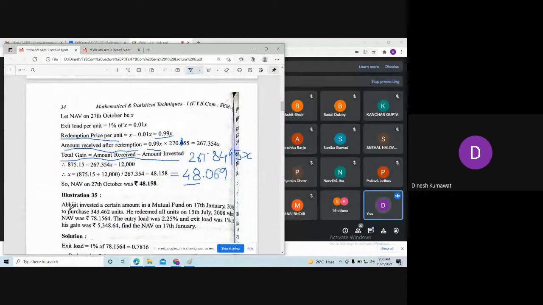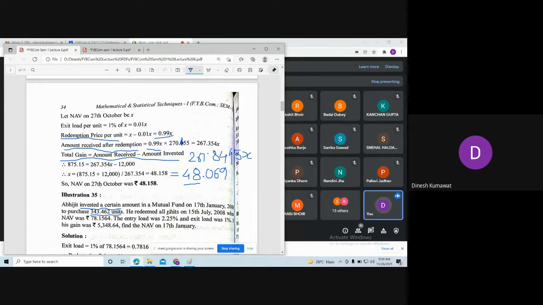So Abhijit invested a certain amount in a mutual fund. Now you can see a certain amount, which means that at the end we need to tell something about this. Abhijit invested a certain amount in a mutual fund on 17th January 2008 to purchase 343.462 units.